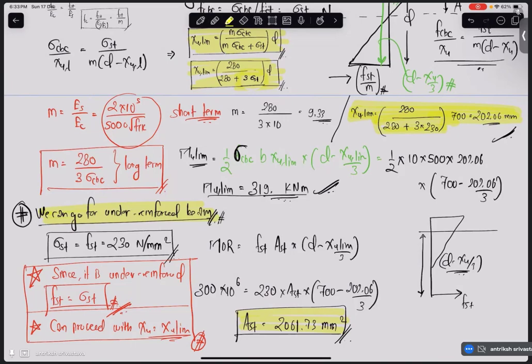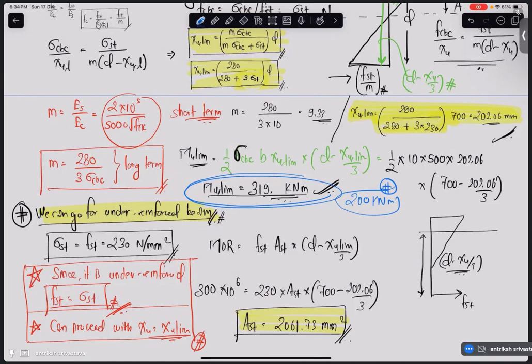But if it was over reinforced, and how will we know whether it was over reinforced? When you calculated your MU limiting using your concrete side, if in that case your MU limiting was less than 300, let's say it was 200, that means that concrete side, the strength in the concrete itself, is not going to be sufficient to provide the appropriate strength to this particular beam.